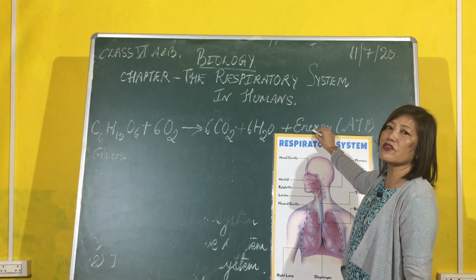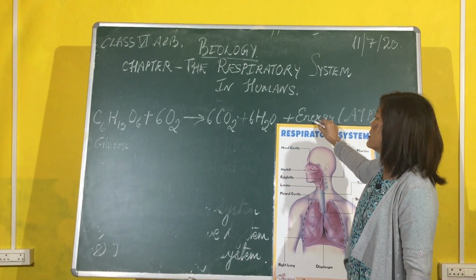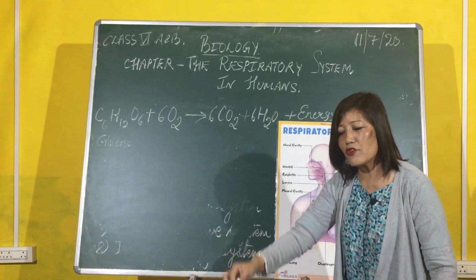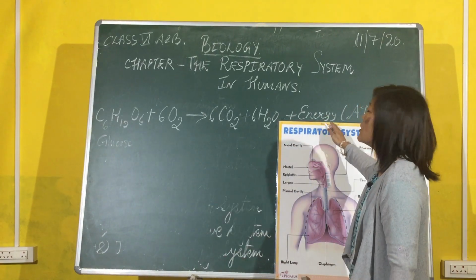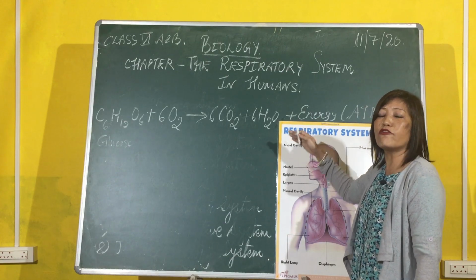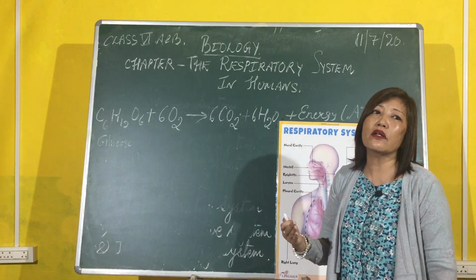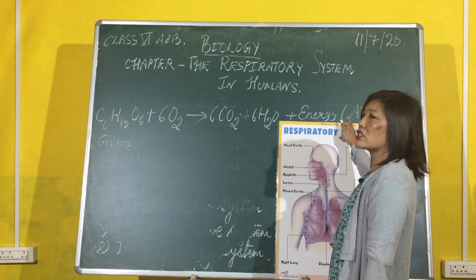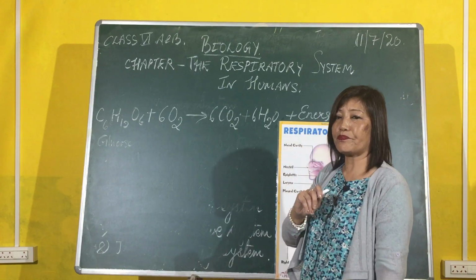So, the energy released by the process of internal respiration or cellular respiration will be stored in the form of a rich chemical substance called adenosine triphosphate.